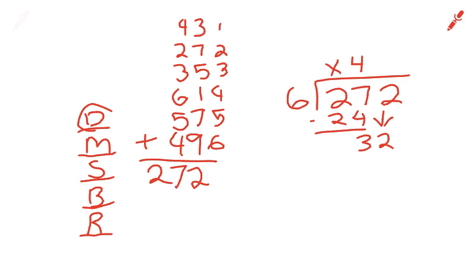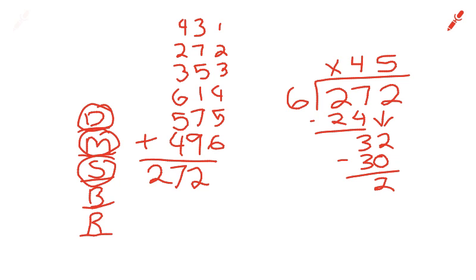So we do dad again. Dad is divide. 6 into 32. We're figuring out how many times 6 goes into our 32. 6 goes into 32 5 times. Now we do our mom step. Multiply. 6 times 5, we get 30. Now we do our sister step. Subtract.